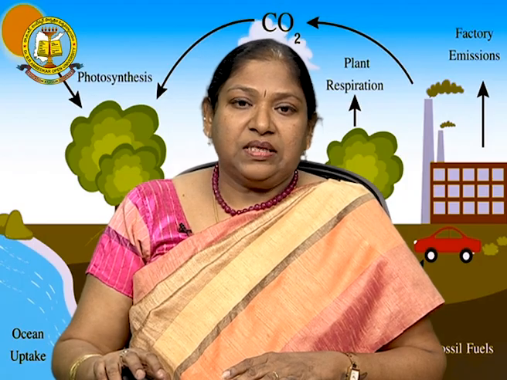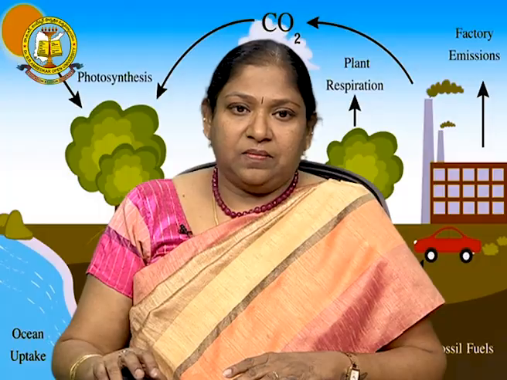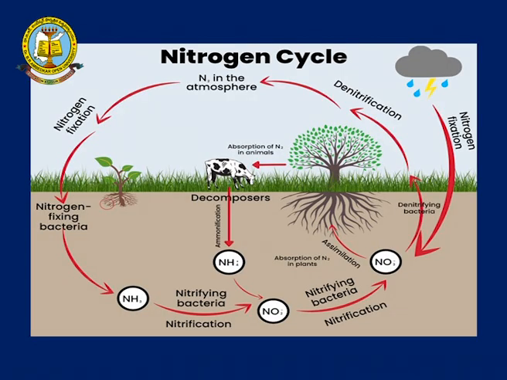Now, what are the stages of the cycle? Look at this flow chart. We can clearly understand the steps in the nitrogen cycle, that is nitrogen fixation, how atmospheric nitrogen is converted into nitrates and nitrites by the rhizobium bacteria. And we can also see denitrification, nitrification and ammonification processes.